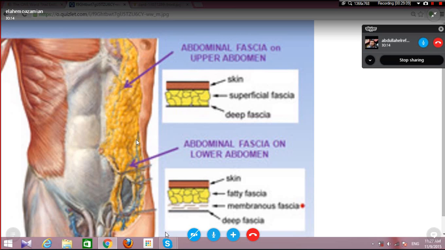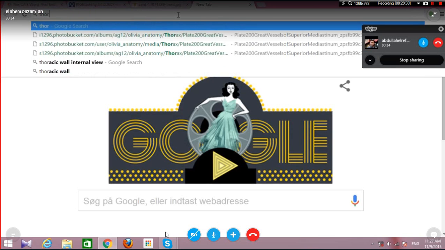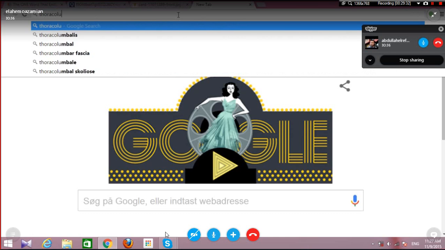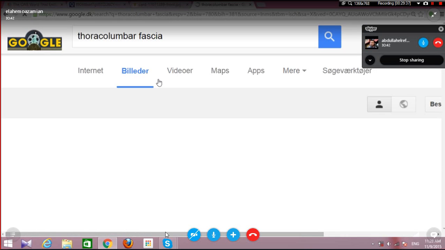Then, before we reach the organs, do you remember which fascia we had in the thoracic cavity? In the thoracic, very good. Now, in the abdomen, we have endo-abdominal fascia. And on the back, we have thoracolumbar fascia, posteriorly.